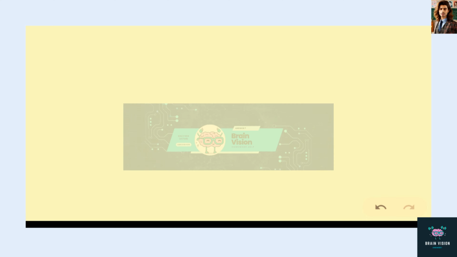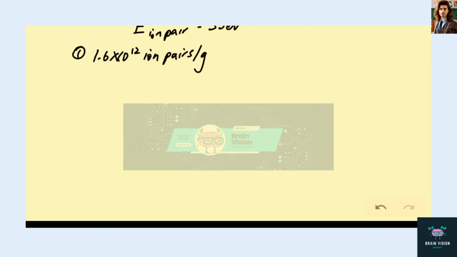Now the basic idea of this question is to relate the two different definitions of Röntgen via the idea that the energy required to produce an ion pair is equal to 35 eV. We want to see whether this will be able to relate the two definitions of Röntgen. Now the first definition is that 1.6 times 10 to the power 12 ion pairs are produced per gram of material when we have one Röntgen.